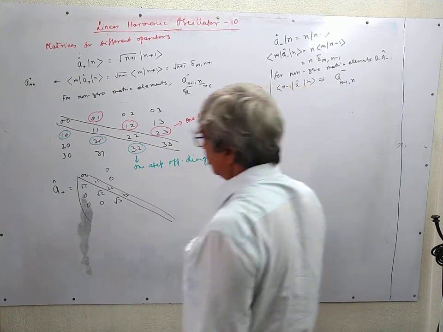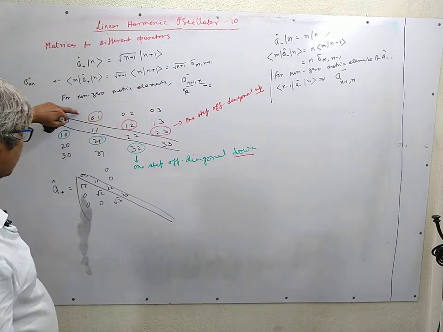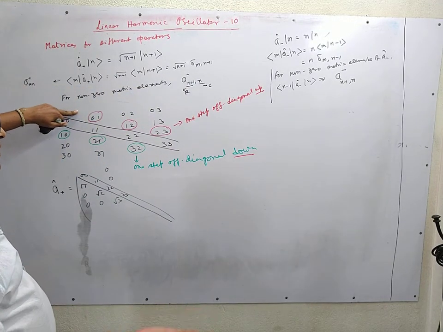So these matrix elements are those one step of diagonal up.